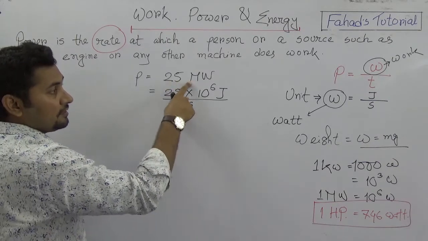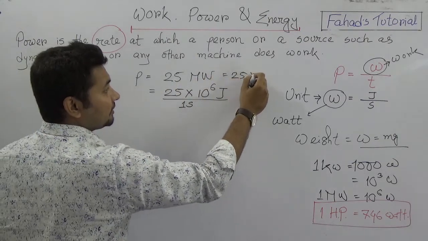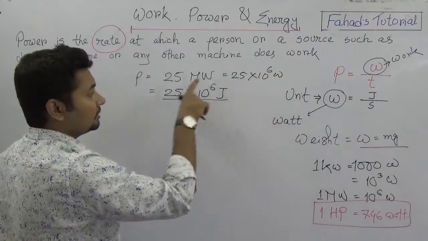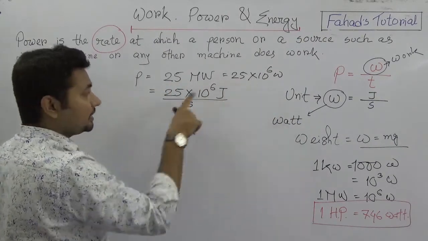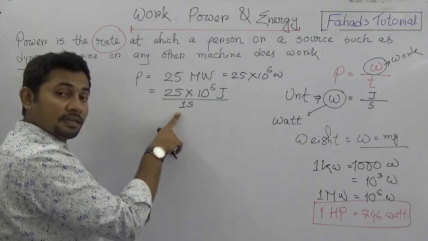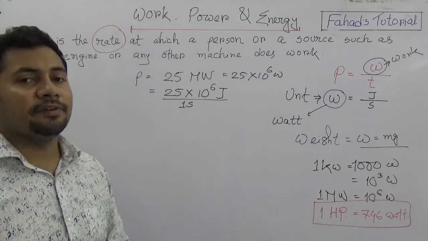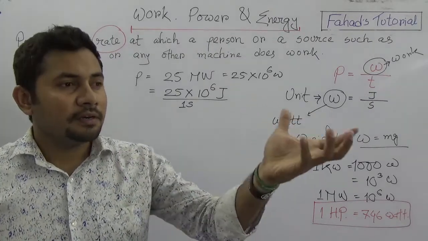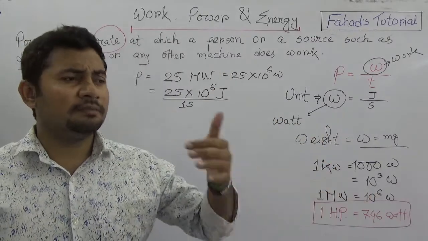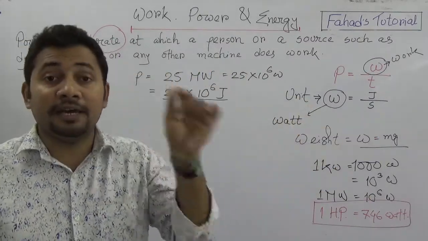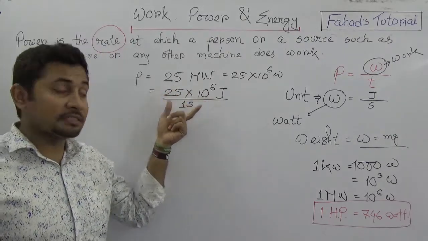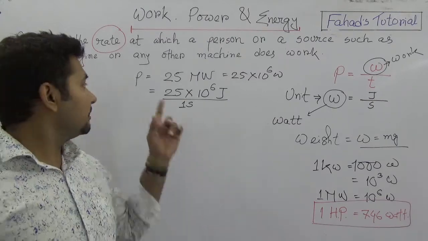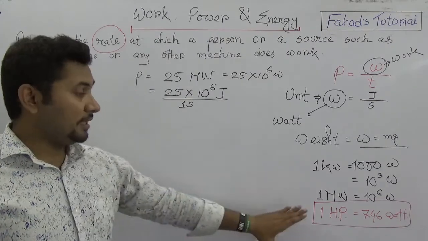As we know, 1 megawatt is 10 to the power 6 watt, so 25 megawatt is 25 times 10 to the power 6 joule per 1 second. If any plant is 25 megawatt, or even 50 or 700 megawatt, it means the plant can produce that amount of energy per second. That amount of joule per second means watt. So that is important. HP is important.